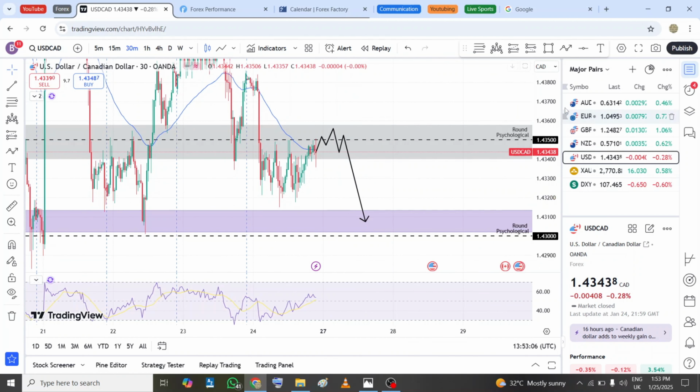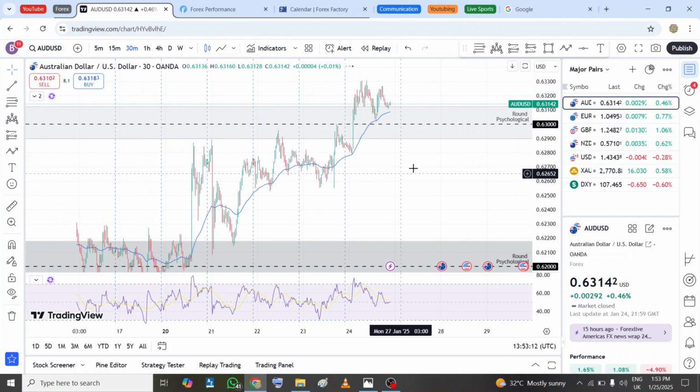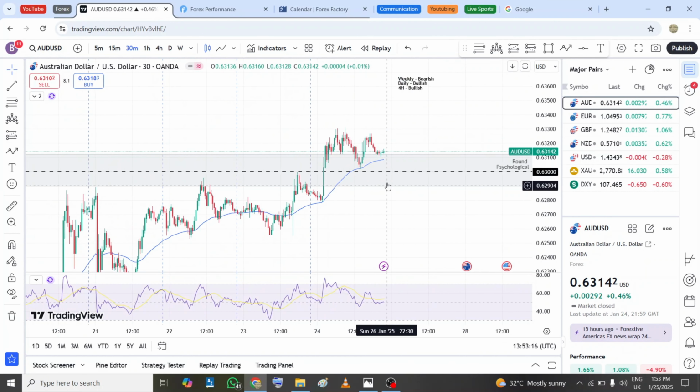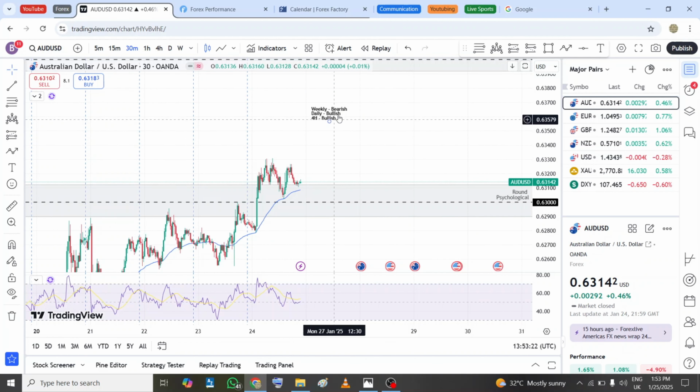All right. Then my second pair for this week will be AUD USD because it's also around or close to a key level, and we are looking for buys. Because two of the time frames indicate bullish. Two of the major time frames, the big time frames, indicate bullish, and only one indicates bearish.